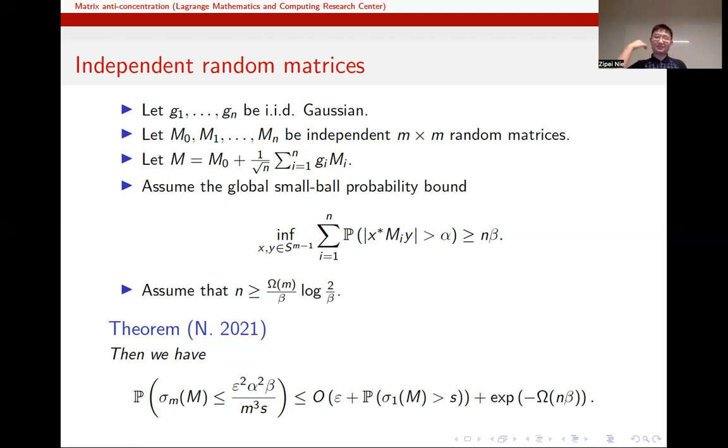And the VC dimension defined by those small ball probabilities would be at most linear in m by Warren's bound, because it's defined by inequalities of low degree polynomials.